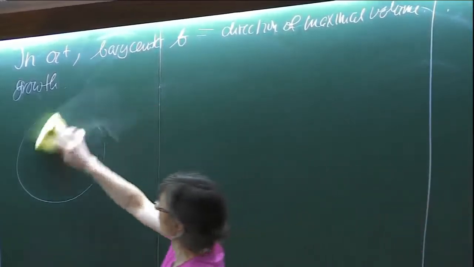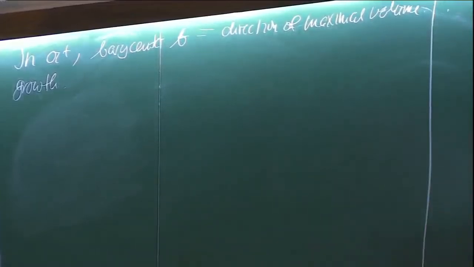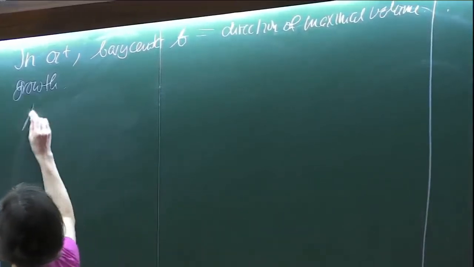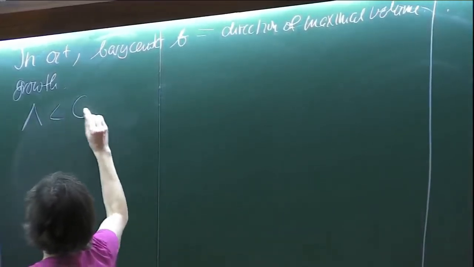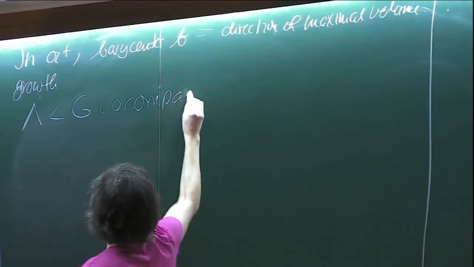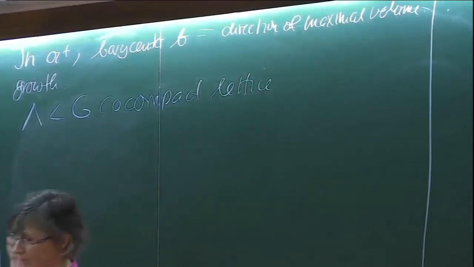But now let me give you a slightly more formal way of using this barycenter direction. I take a co-compact lattice Lambda in G, and I want to construct special points.